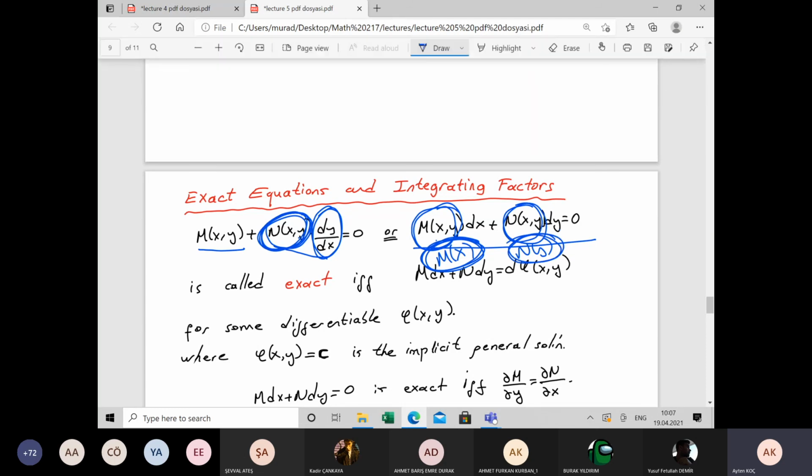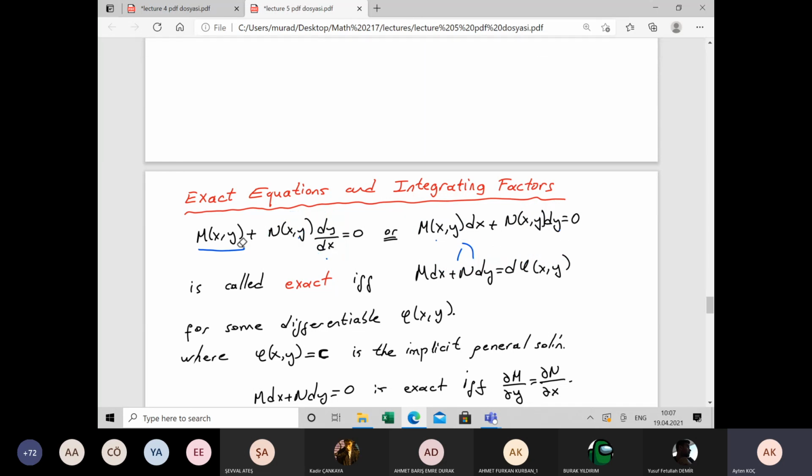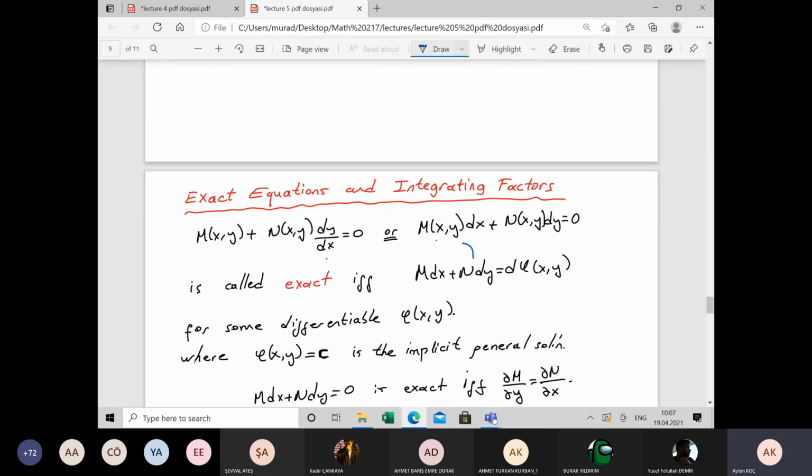So this one is another type of first order differential equation, called the exact equation. So what's the condition? Let's give the condition, and also we will give the method of how to solve the exact equation. It's okay. Any question?